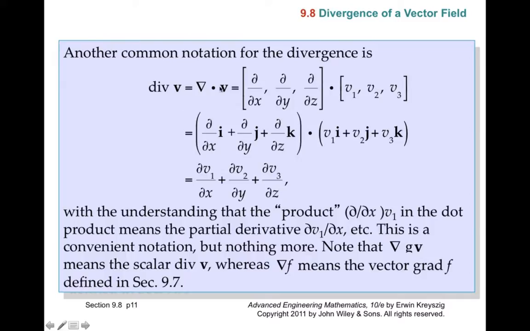Another way to denote divergence is as a dot product between the gradient operator and the field vector. So here's my operator, here's my vector, and taking the dot product, I get the same expression that you saw on the previous page.